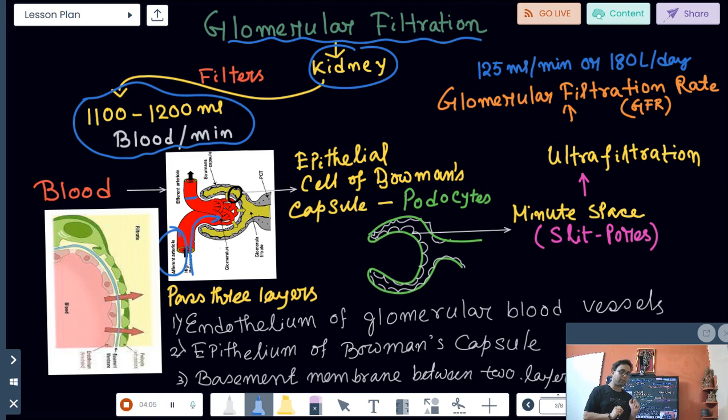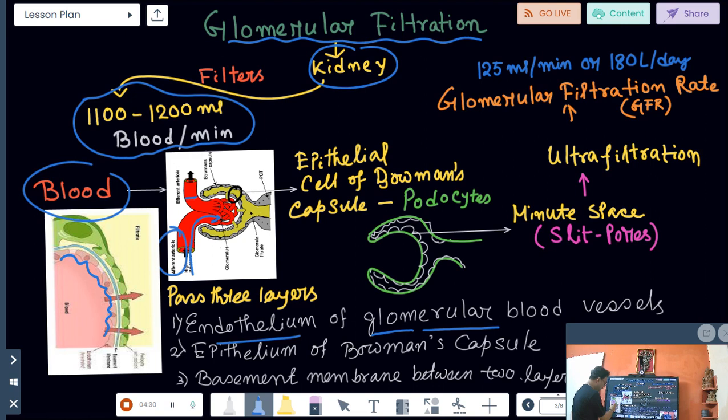Now the blood goes inside the glomerulus. Here, the blood passes through 3 layers to reach the Bowman capsule. But what are these 3 layers? Number one, the endothelium of the glomerular blood vessels. First of all, you can see this picture.